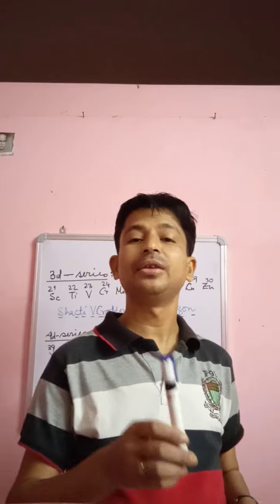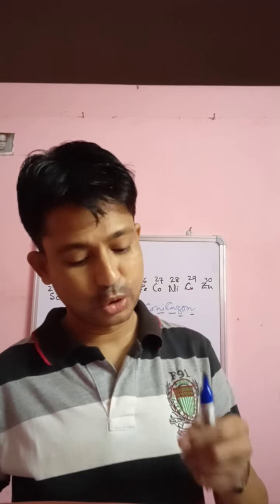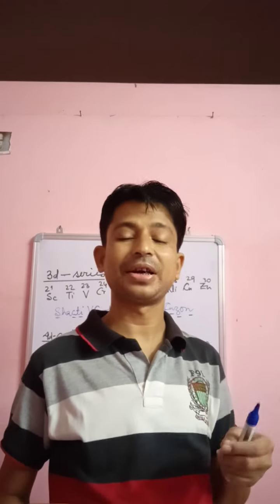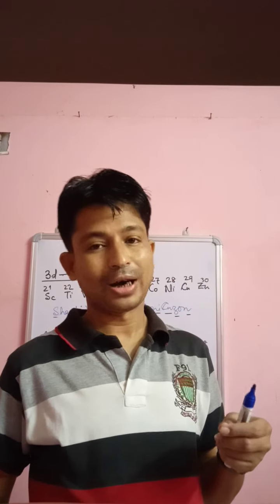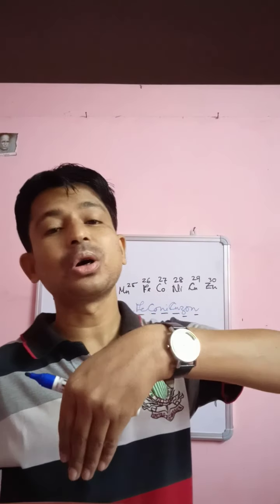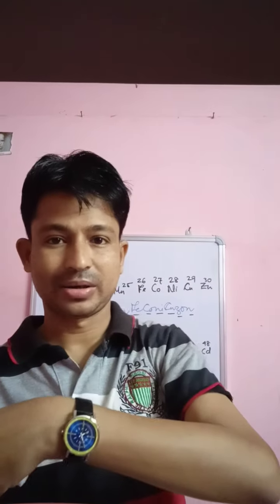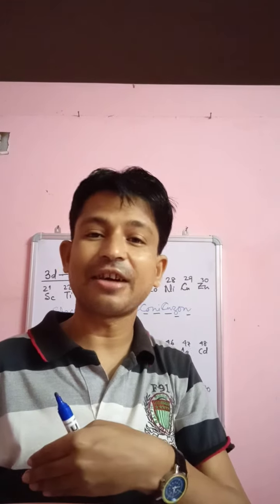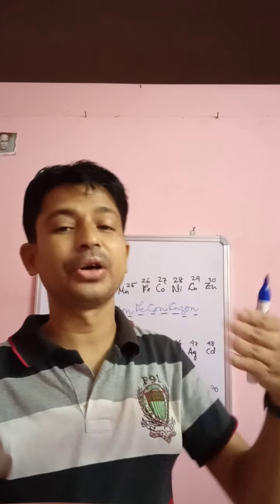I remember in class 11 that the tricks to remember the periodic table are: for S block we will go group wise, for P block we will go group wise, but for D and F block we will go period wise.